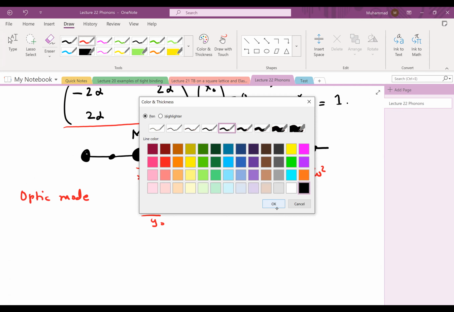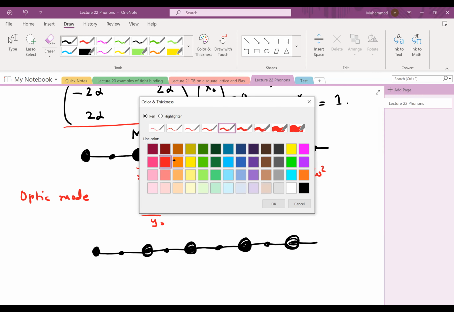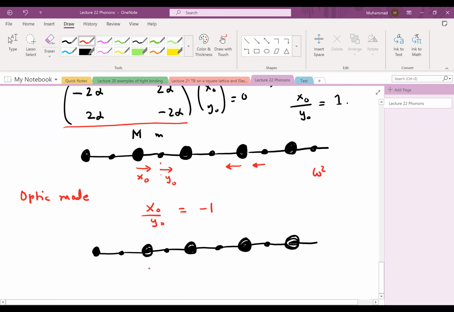And I can also physically interpret this in the following fashion. The atoms are all moving with the same amplitude, but they are 180 degrees out of phase with one another. So this means that if one atom goes to the left, the other atom is going to the right. Left, right. So they're oscillating in such a way that alternate springs are expanding and compressing.